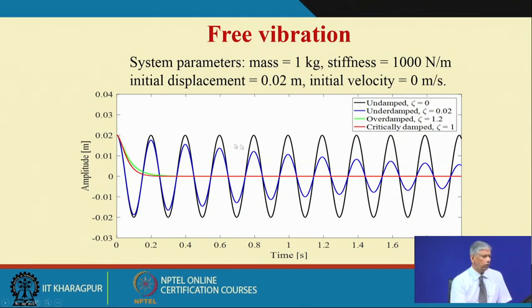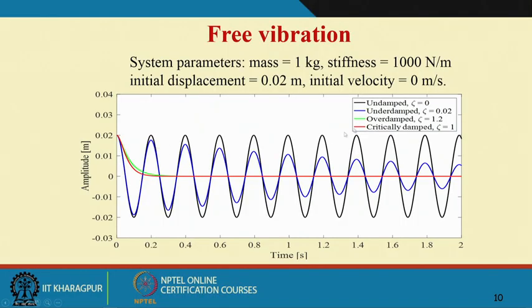You will see the oscillations do not die with time and they exist perpetually. In reality this does not happen, because there is inherent material damping in every body, and the joints in the systems etc. give damping. So, this will reduce, and for the underdamped case zeta is equal to 0.02, you will see the blue curve, and so on. For the critically damped case or the overdamped case, there is hardly any oscillatory motion.